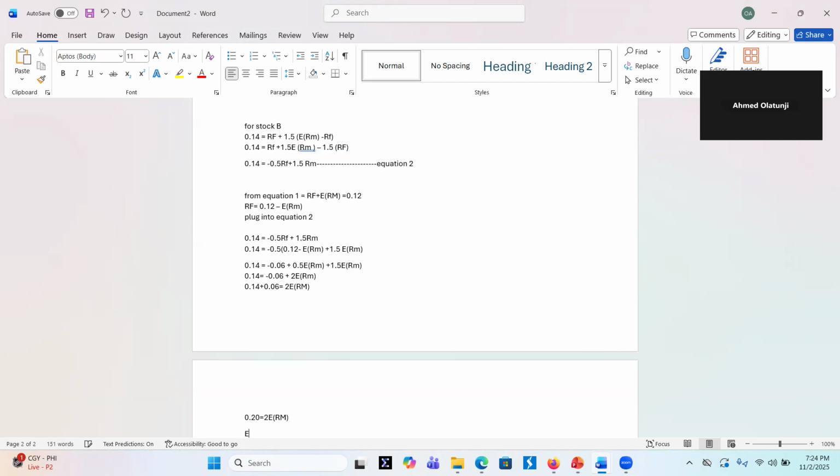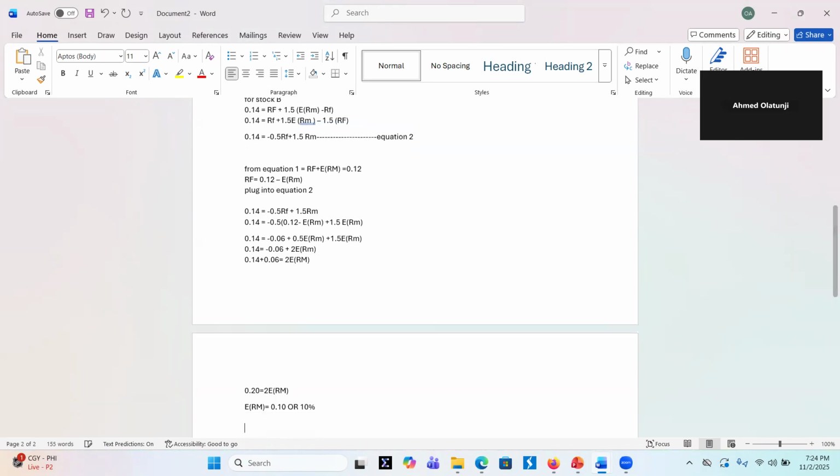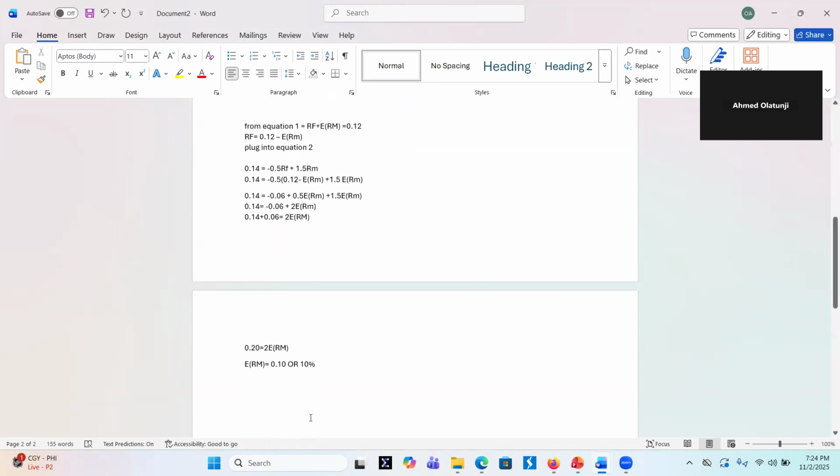So your ERM now, of course, you're going to divide by 2. Your ERM now is going to be equal to 0.10 or 10%. Very simple calculation. So that's your ERM.